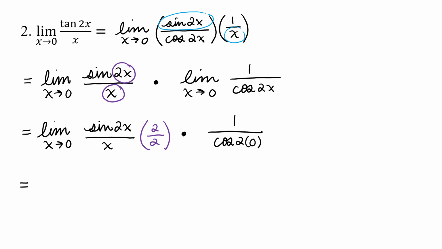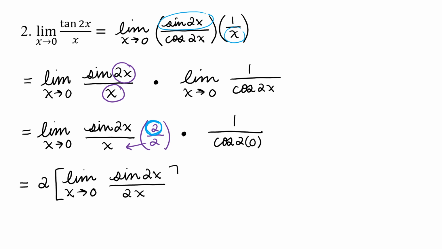So now this is equal to the limit, well, hold on, so this 2 will go over there, and then this 2 is extra. So I have 2 times the limit as x approaches 0 of sine of 2x over 2x times 1 over the cosine of 0 is equal to 1.